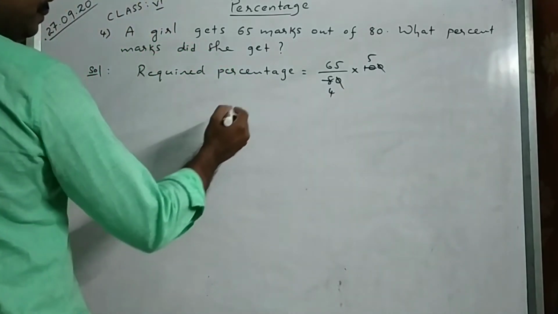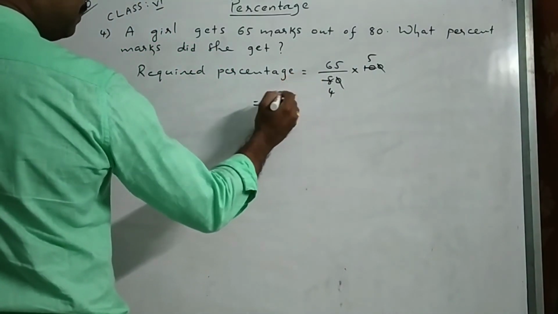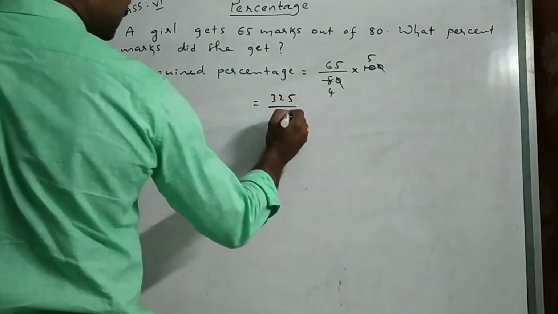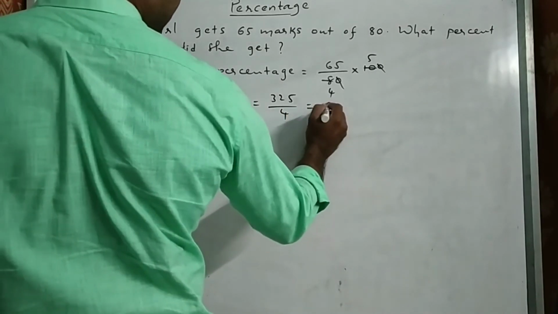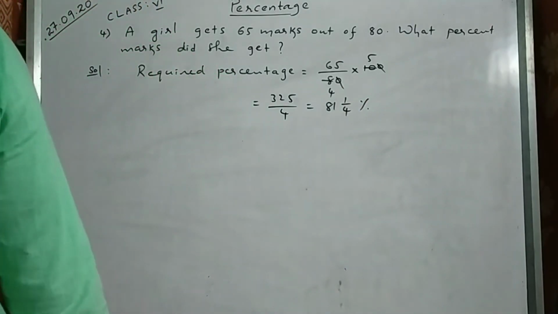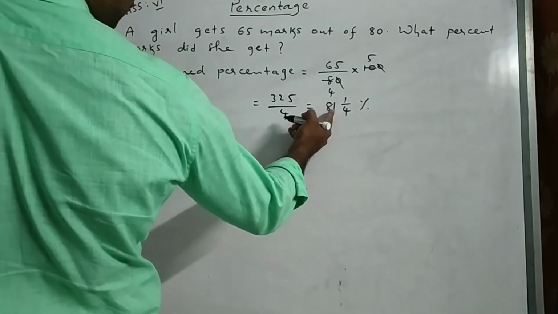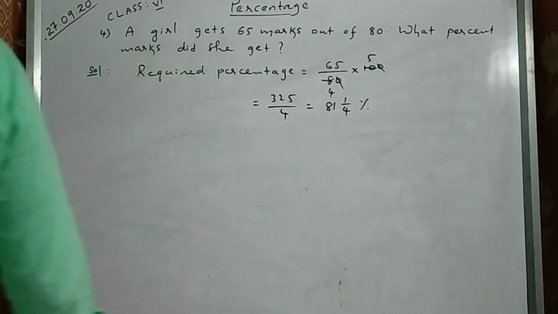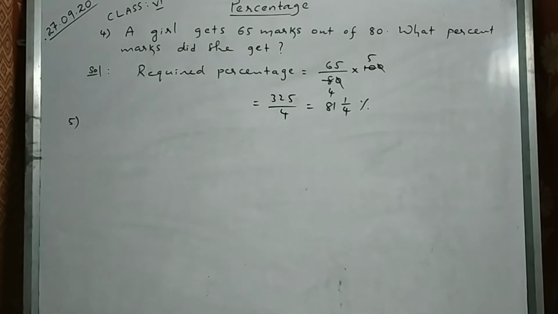That's all. 5 5s are 25, 5 6s are 30 plus 2, 32. 325 by 4, or we can write 81 1 by 4 percentage. Okay, change it. 4 1s are 4, 4 8s are 32, 324 plus 1, 325 by 4. We can change it into a mixed fraction.